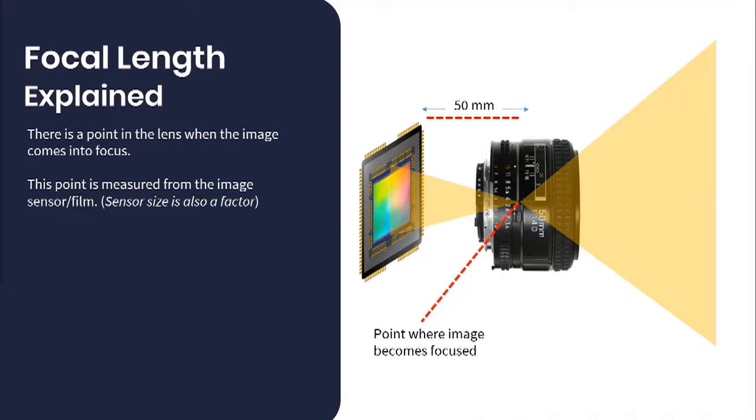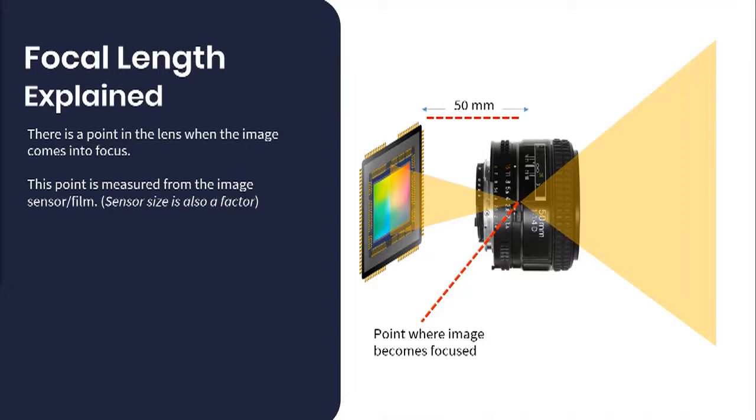And that is where those millimeters come from. So 50 millimeters is a very small amount of space, but within that area, that point is 50 millimeters where the image becomes focused, measured to where it is being captured on the image sensor.